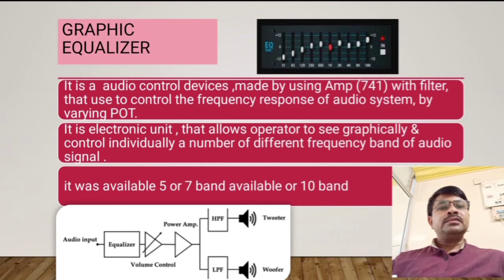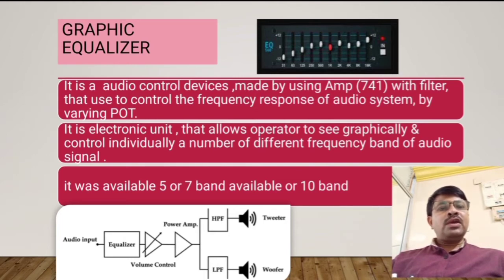We know that the audio frequency range is 20 Hz to 20 kHz, that means lower frequency to the higher frequency. This 20 to 20 kHz band may be divided into 5 band, 7 band or 10 band frequency signals. We know that each frequency band has individual cutoff frequencies.